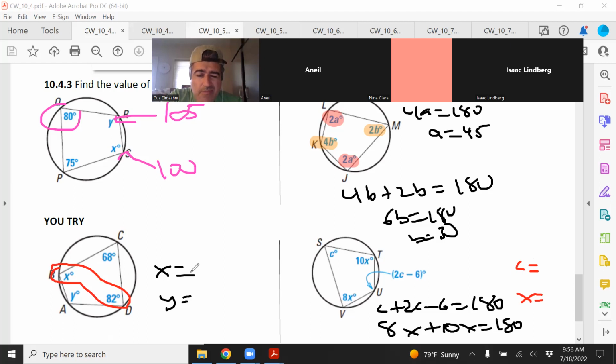So you should get 98. And these two right here, you should get 112. Here, you should have 62. And here you should get 10. Just double check that. Yep.